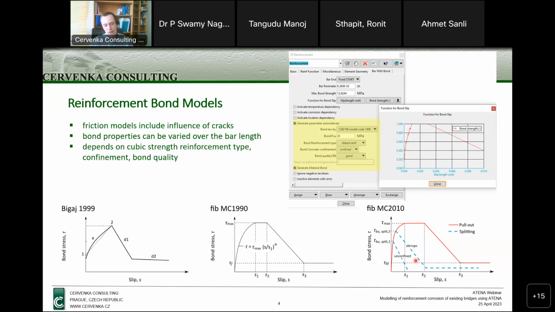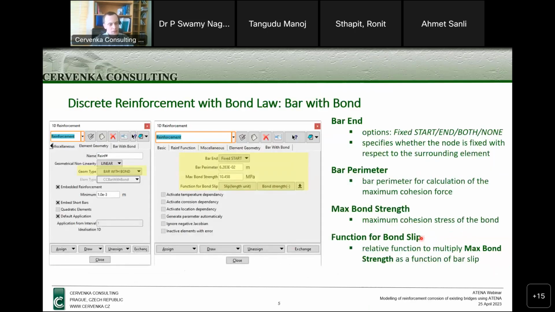Two of them are the FIB model code. Basically what the tool does is generate the bond slip function. It gives the maximum bond stress at the interface, and you only need to define the remaining parameter, which is the perimeter of the reinforcement bar.